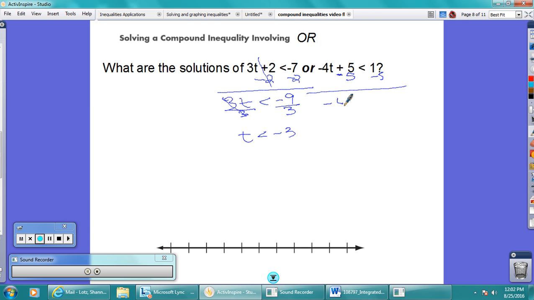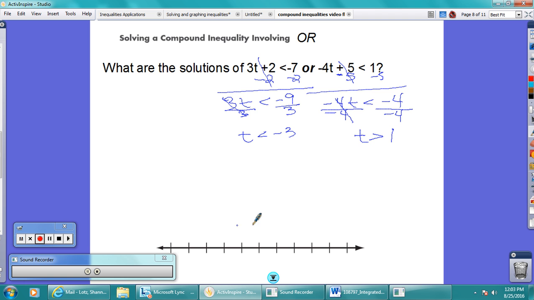I bring down the -4t, that cancels, less than 1 minus 5 is -4. Then I'm dividing by a -4, dividing by a -4. These cancel, t, and then I flip my sign, and a negative divided by negative is a positive. 4 divided by 4 is 1.